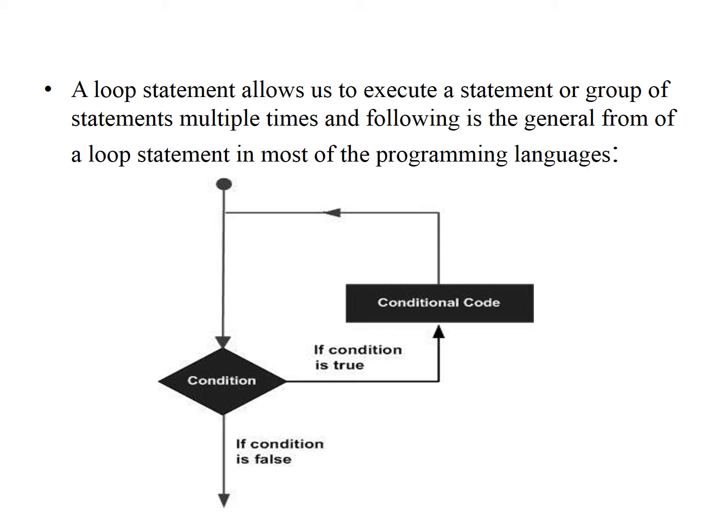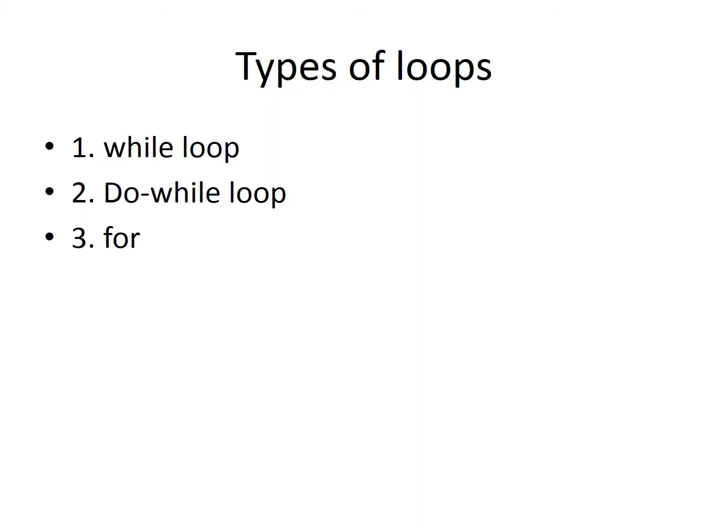If the condition is true, then the conditional code, called the loop body or repetitive task, is executed. Then as the repetition increases, the count increases, and again the condition is checked. If the condition is true, then as the direction of the arrow tells you, again the loop body is executed and the condition is checked. This happens till the condition is true. Once the condition becomes false, we move to the next line, which is written after the loop body.